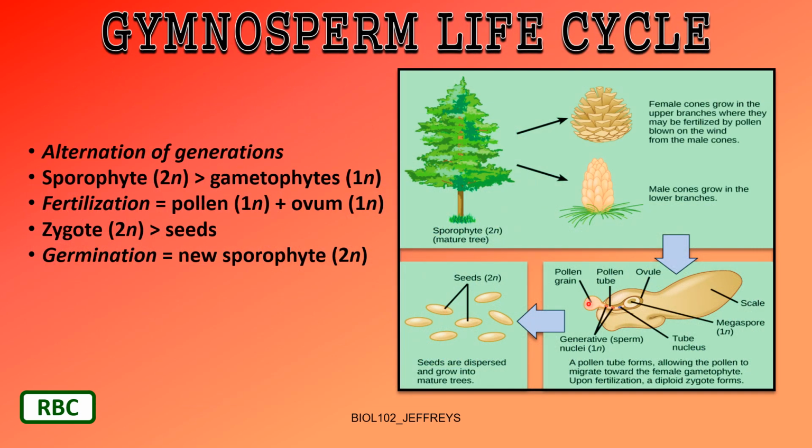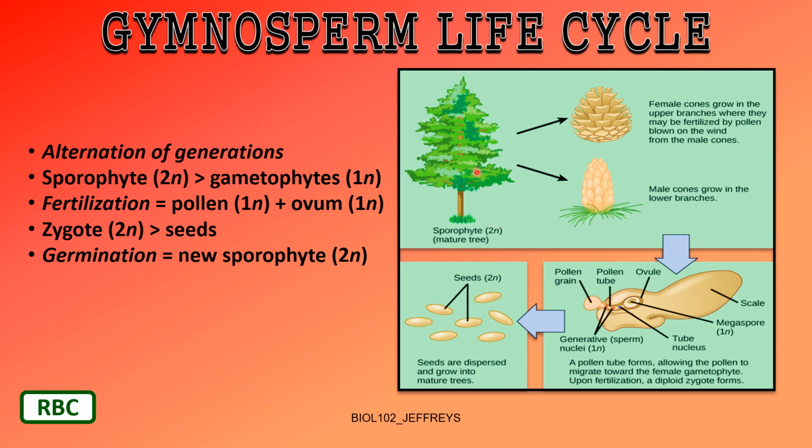Okay, gymnosperm life cycle, alternation of generations. Always, always, always alternation of generations. That means you're going to go from sporophyte to gametophyte back to sporophyte, or 2N to 1N back to 2N. So here we see the pine tree, the sporophyte, that's 2N.